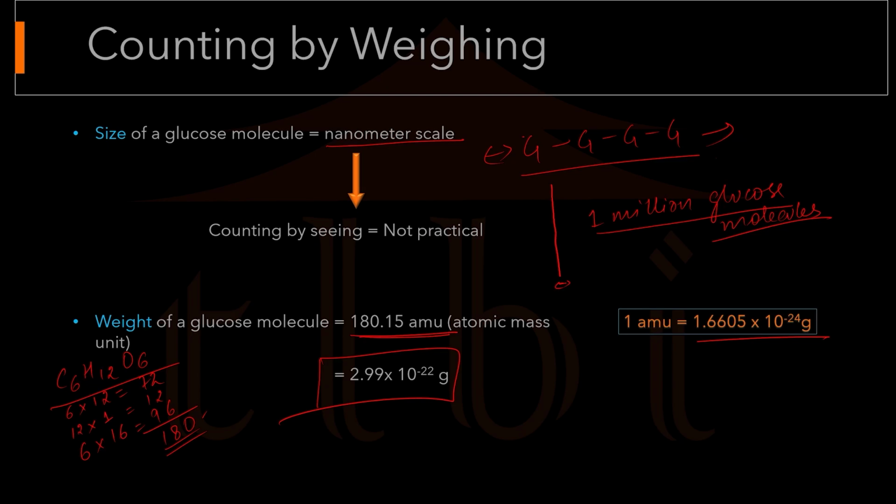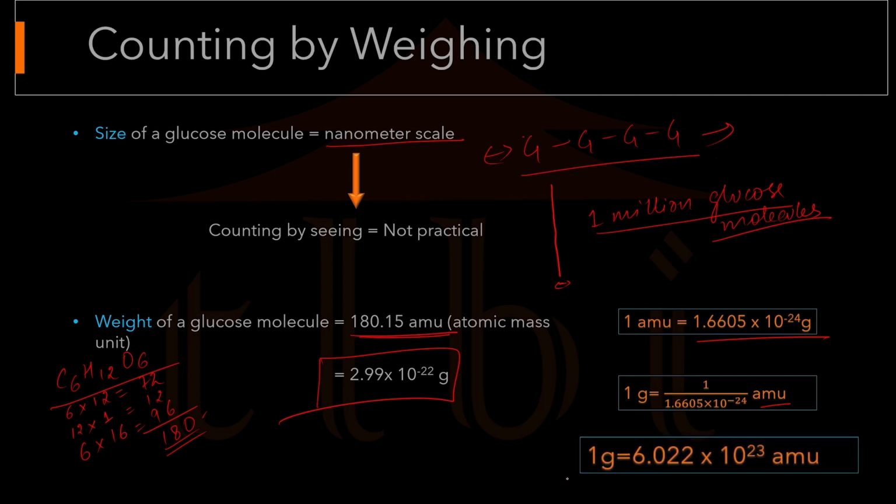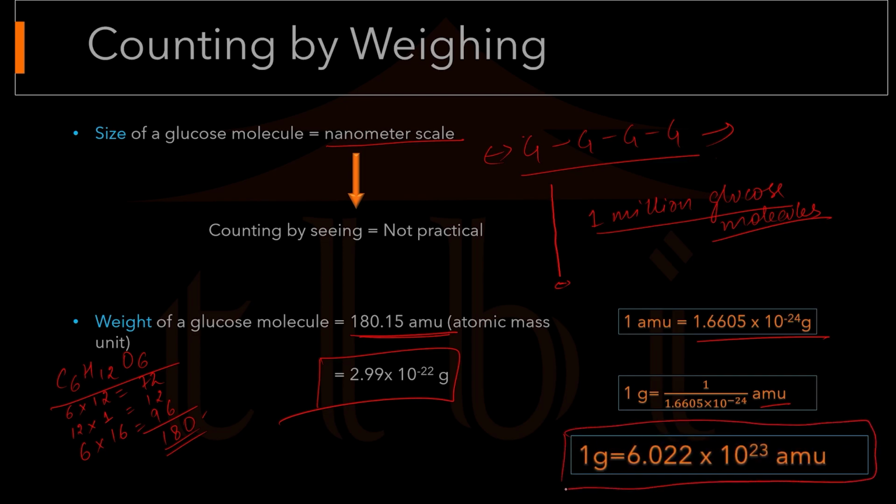Now on the other hand, let's see how much AMU will be contained in 1 gram. So 1 gram is equivalent to 6.022 into 10 to the power 23 atomic mass units. Now as we see, one molecule of glucose will weigh this much.